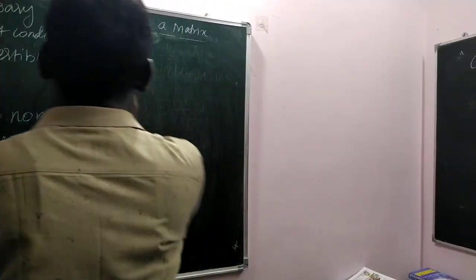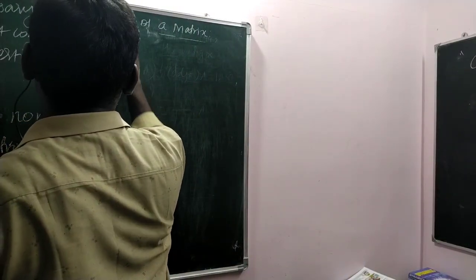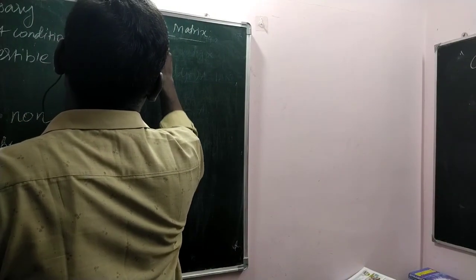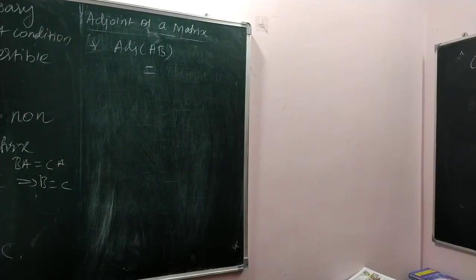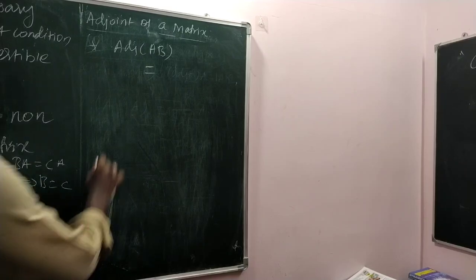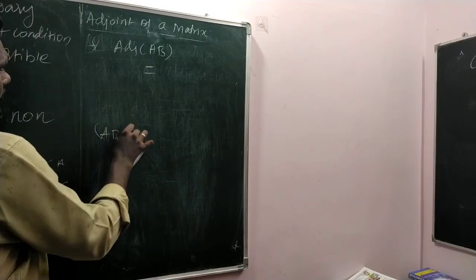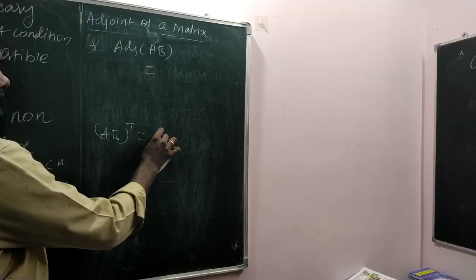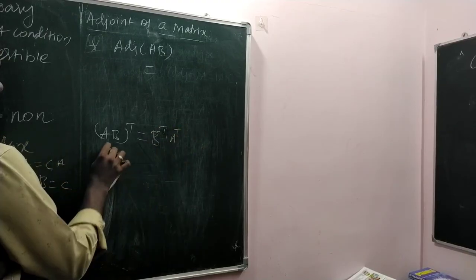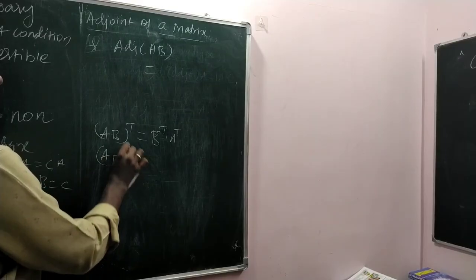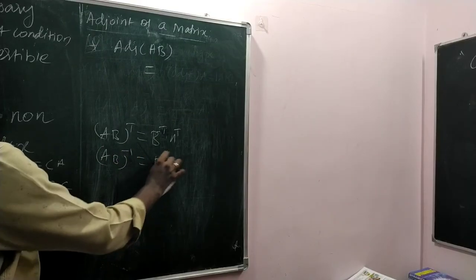If A and B are non-singular matrices of the same type, then adjoint of AB is equal to, you guess what will come? We have learned about transpose: AB transpose, what we got? B transpose, A transpose, right? Like AB whole inverse, we learnt about inverse, what we got?